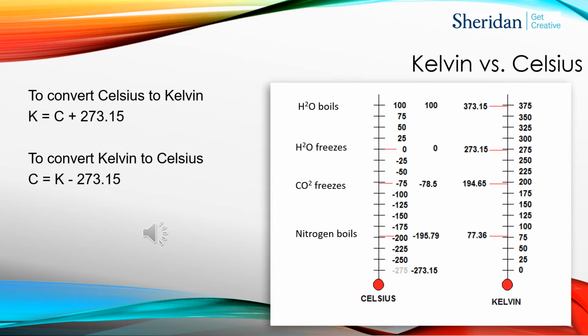To convert Celsius to Kelvin, Kelvin is equal to the degrees Celsius plus 273.15. To convert Kelvin to Celsius, Celsius is equal to Kelvin minus 273.15.